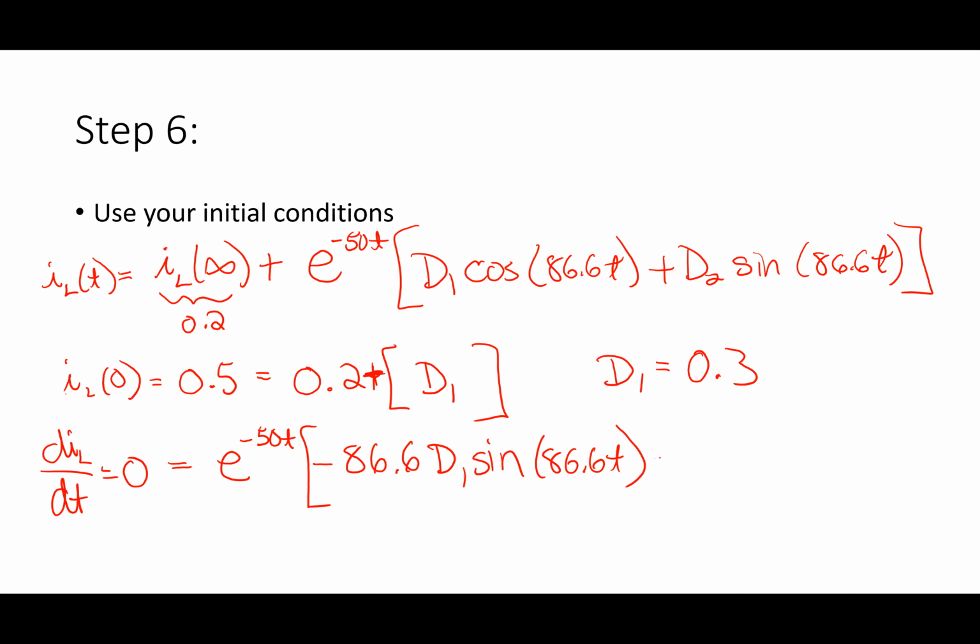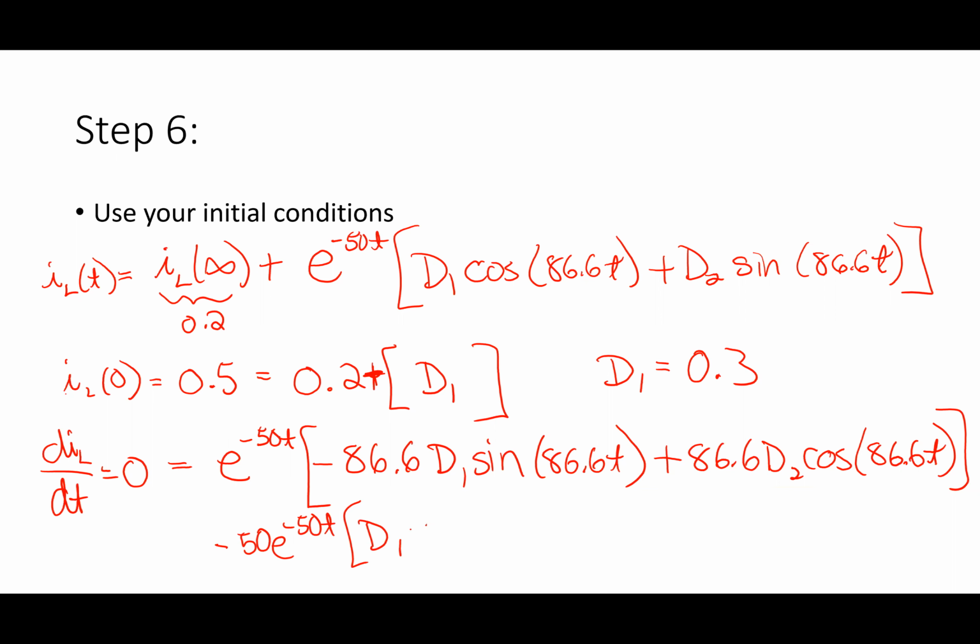Plus 86.6 D2 cosine 86.6t. Plus I have to add in minus 50 e to the negative 50t times the original expression, D1 cosine 86.6t plus D2 sine 86.6t.